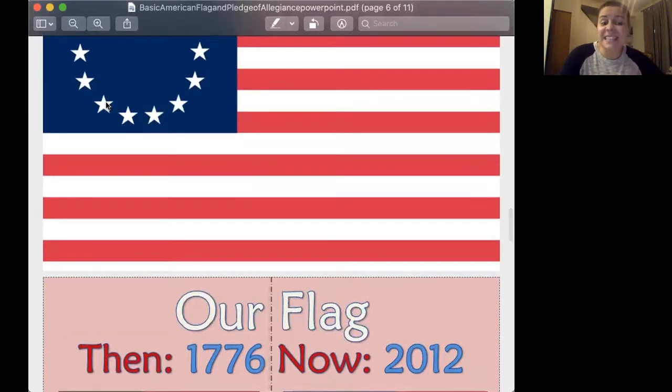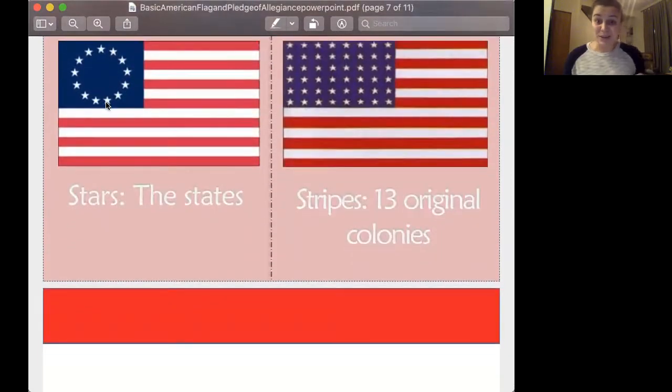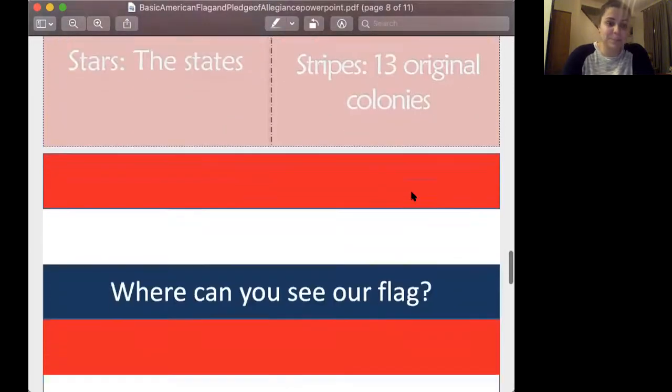Actually, that was in 1776. And now in 2020, we have this flag. So this might be a flag that you might see at your home, or maybe you can see it on a walk and some people in your neighborhood have them. Pretty cool. So they have changed quite a bit, but they both have 13 stripes.